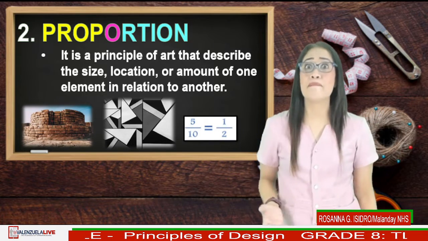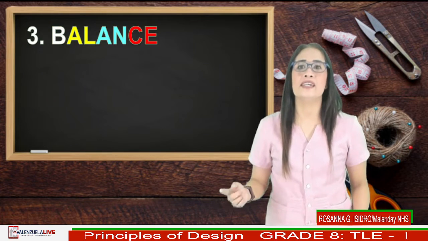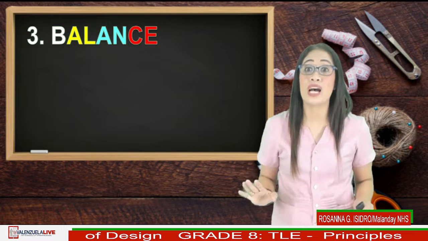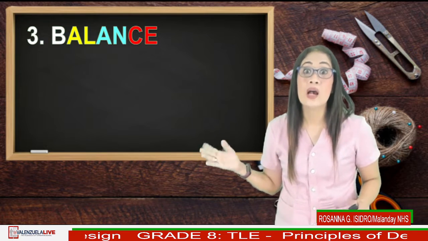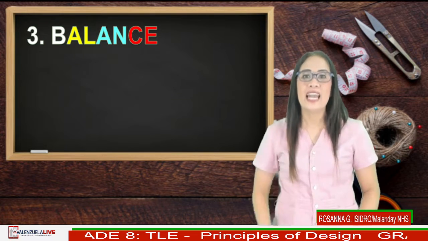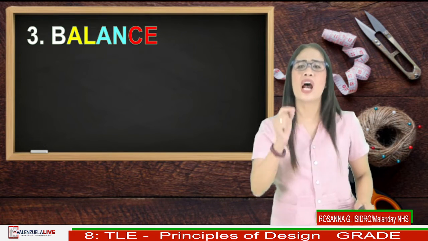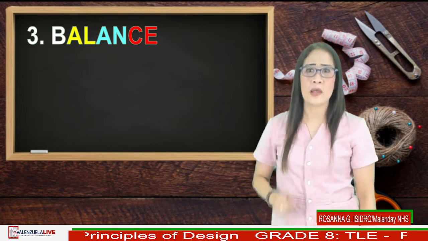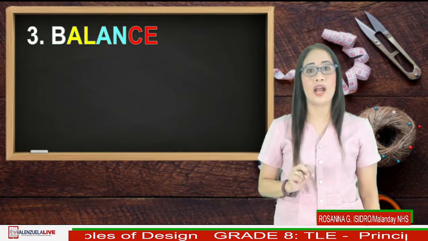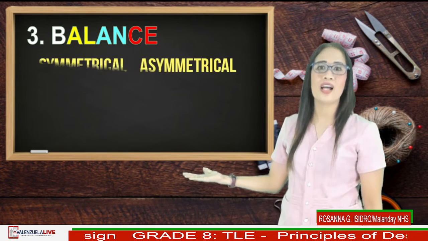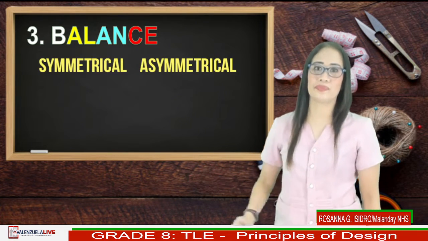Number 3, balance. It is the way visual elements are arranged so that their visual weight harmonizes with the other elements in the design, and the composition gives an appearance of properly distributed elements. It may be produced in two ways, either formal or informal. We call it symmetrical and asymmetrical.